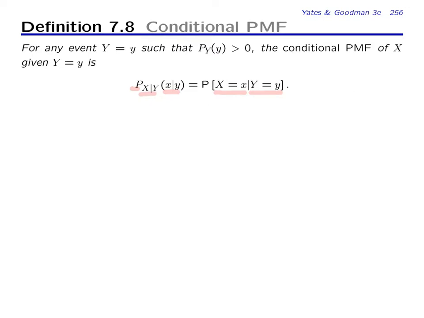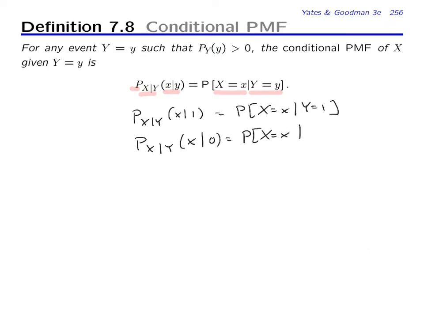While you can think of this conditional PMF as a function of both little x and little y, it's better to think of little y as a parameter, and for each value of little y, we have a different conditional PMF of X given Y. For example, if Y is Bernoulli, then P of X given Y of x given 1, which represents the conditional probability X equals x given Y equals 1, is one conditional PMF of X. Another conditional PMF of X would be the PMF of X given Y equals 0.